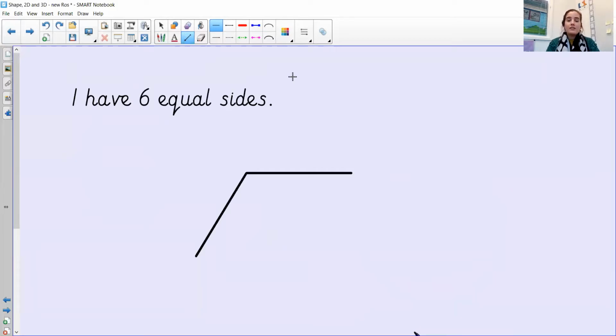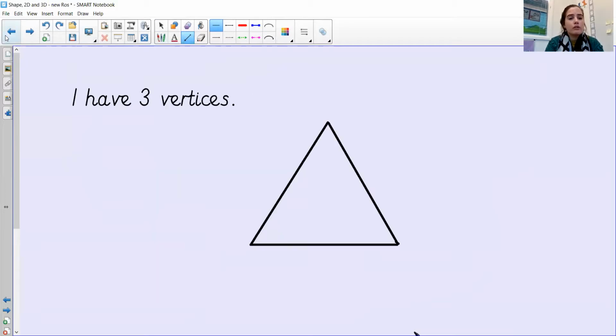Equal sides. And with triangles, they have 3 sides, let's go back to our triangle, and 3 vertices, but they don't necessarily always have to be equal length. You could have a triangle that has one really long side, one shorter side, and another third longer side.